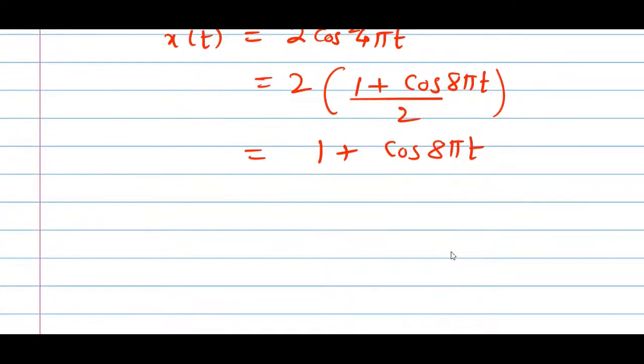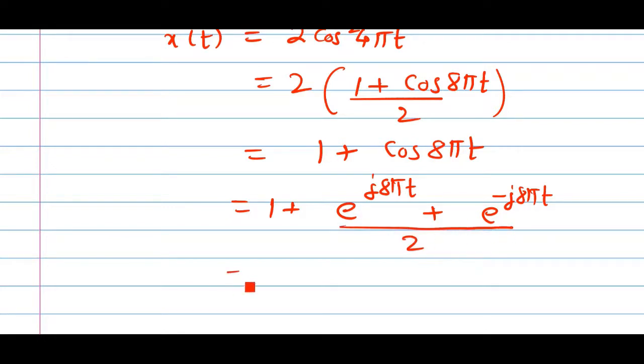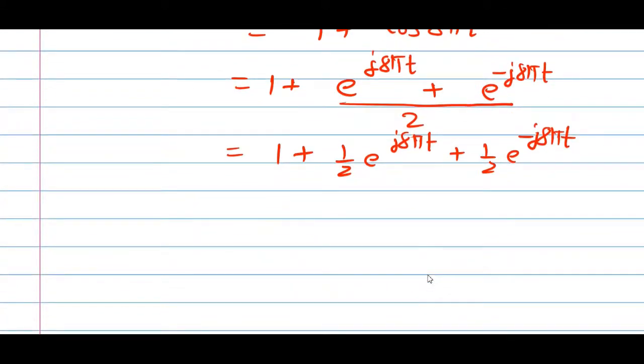So this can be written as 1 plus e raised to power j 8 pi t plus e raised to power minus j 8 pi t divided by 2. So this can be written as 1 plus 1 by 2 e raised to power j 8 pi t plus 1 by 2 e raised to power minus j 8 pi t. So the constant term is C naught, so C naught equals 1.